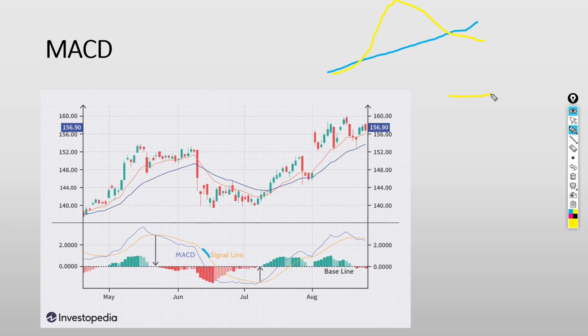And what happens is that on the zero line, where you get this bullish cross, the MACD shows a positive bar which is up. And where it crosses below here, it starts to show bars down. Bars up is bullish, and bars down is bearish. That's how the MACD works.